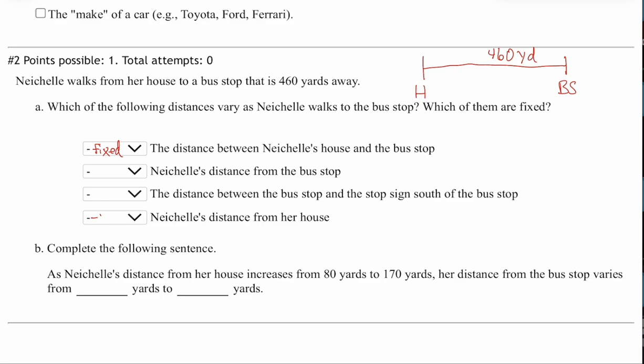Nichelle's distance from the bus stop, because she is walking away from that distance will be varying. The distance between the bus stop and the stop sign south of the bus stop, that is something that is fixed. And then Nichelle's distance from her house, because she is walking away from her house, that is varying.